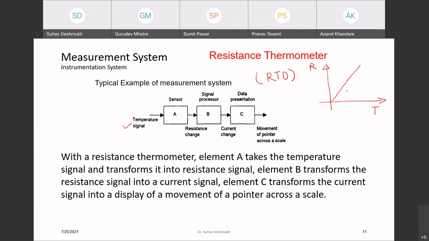As temperature increases, my resistance changes, and that is the basic principle used in this particular sensor. I can convert that temperature information into a change in the resistance, and this change in resistance can go to a Wheatstone bridge, potentiometer, or something similar, which will cause a change in current or voltage, whichever is possible. That is the way it works.